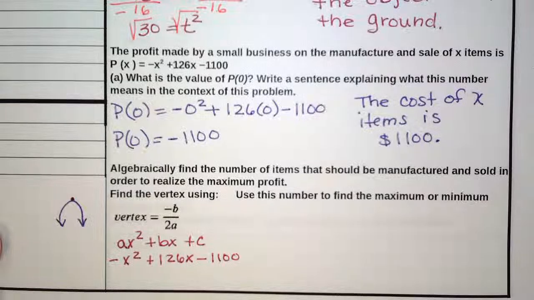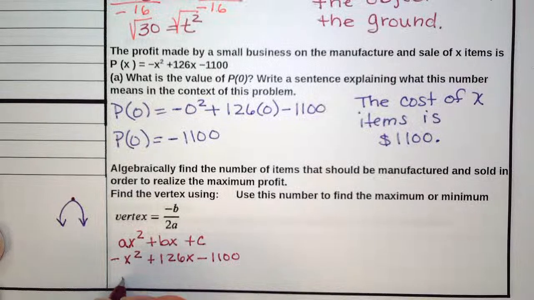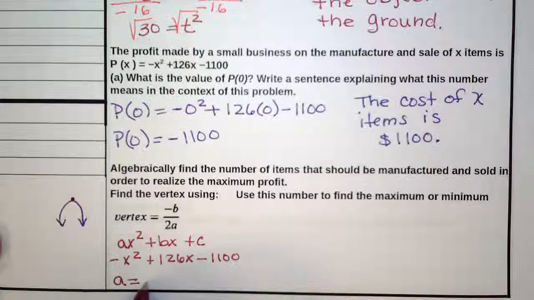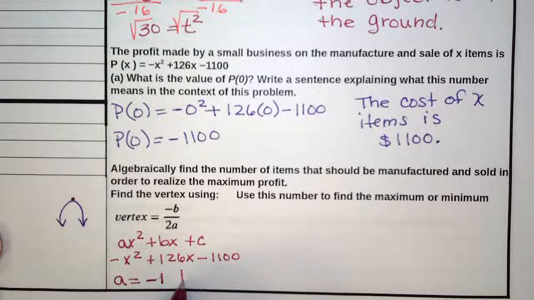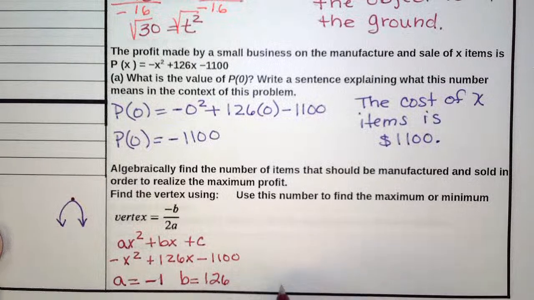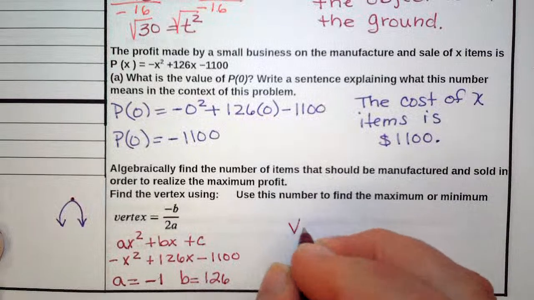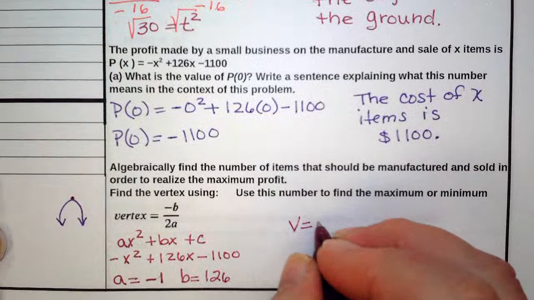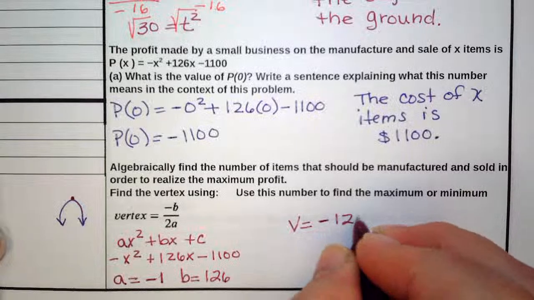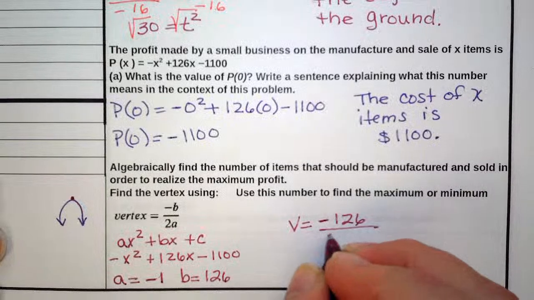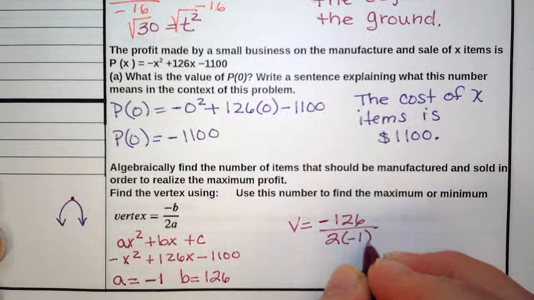What is my a? What is my b? A will be equal to, if I had to put a number there, it would be -1. B is equal to 126. Using our formula, the opposite of 126 divided by 2 times -1.